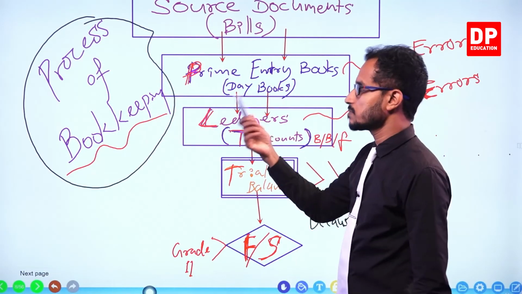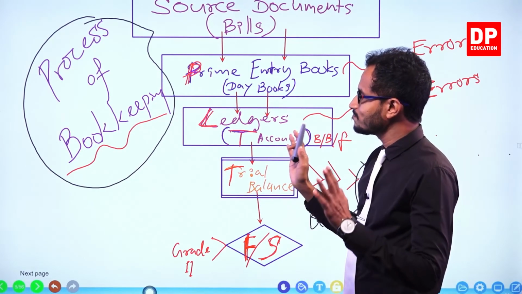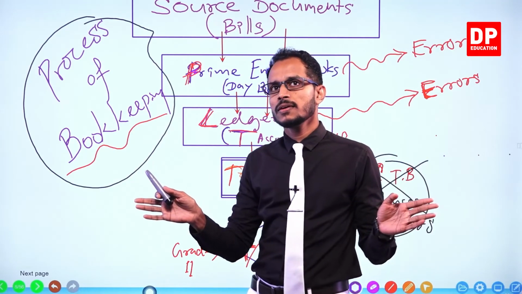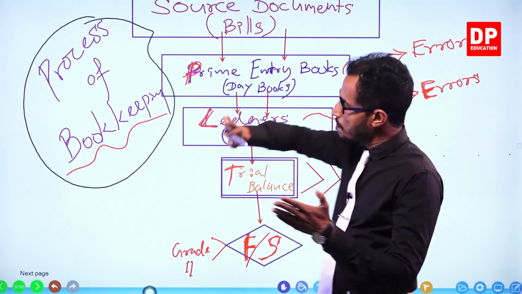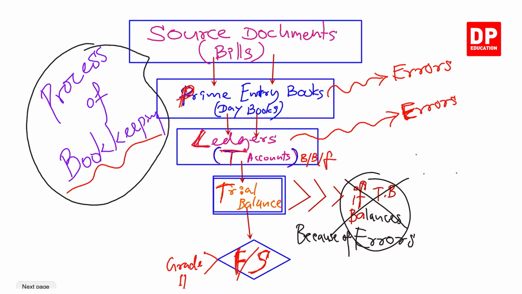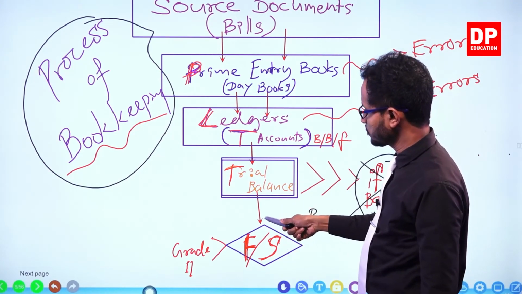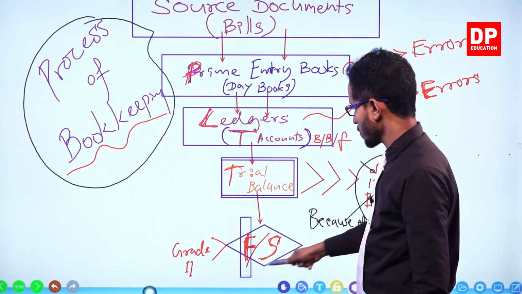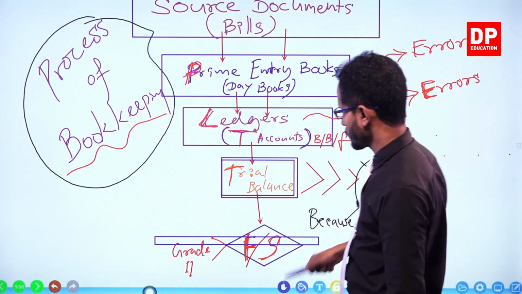Recording transactions in the books of accounts, and then accounting: in the process of accounting, this is the very first stage. Finally, financial statements are prepared.